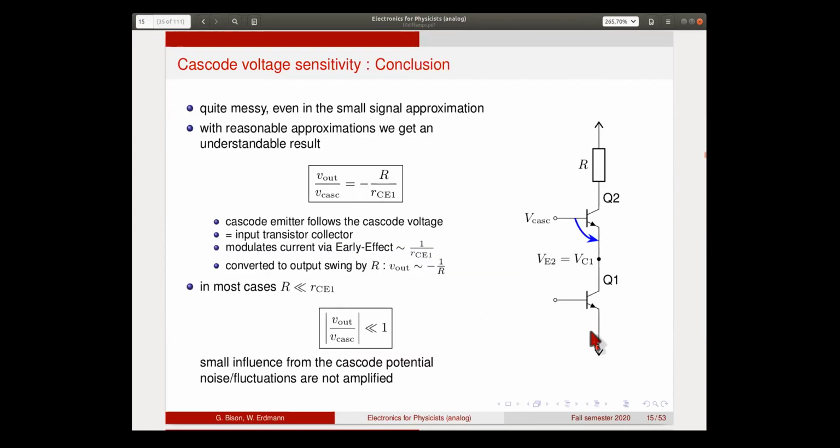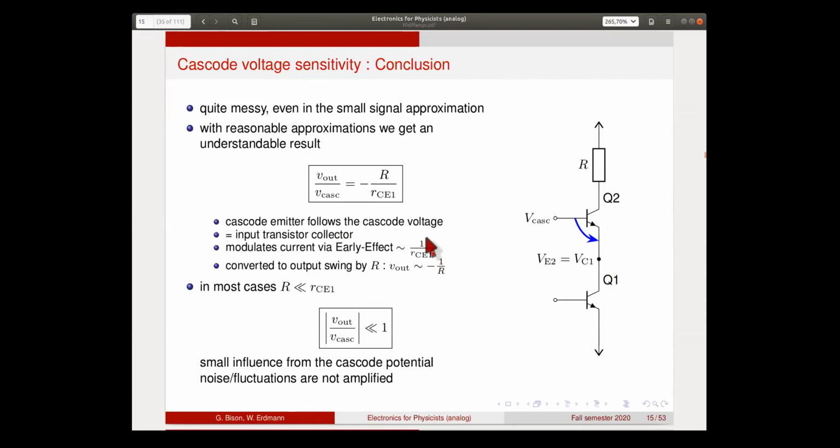So the whole thing is quite messy, even in this small signal approximation. But when we make some reasonable approximations here, we can get a result that can be understood. What this means is that the emitter of the cascode, which is the collector of the input transistor, simply follows the cascode voltage, and this modulates the current in the input transistor over the early effect.